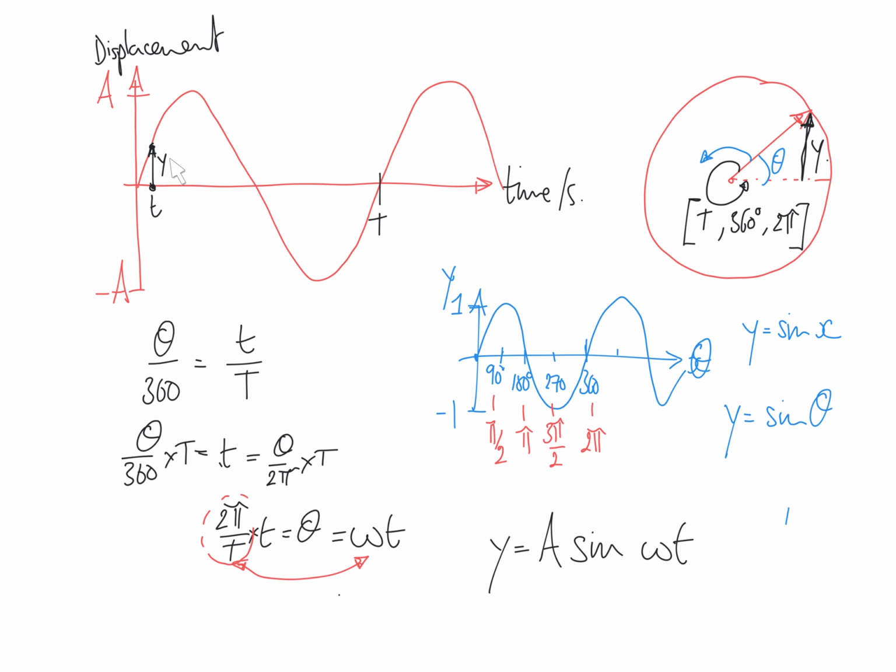So suddenly now we've worked out y, the displacement, at different time periods based upon this idea called omega, where omega is 2 pi over T.